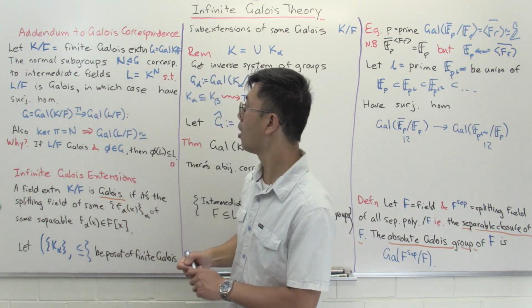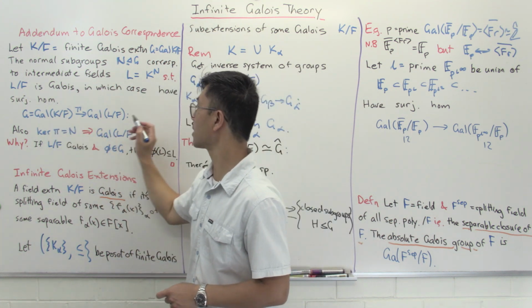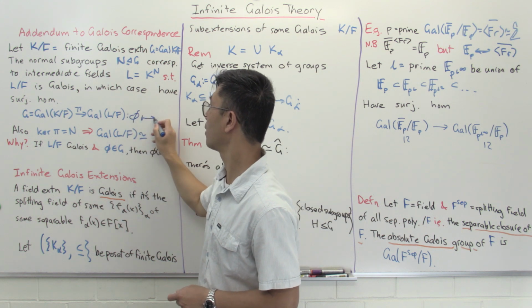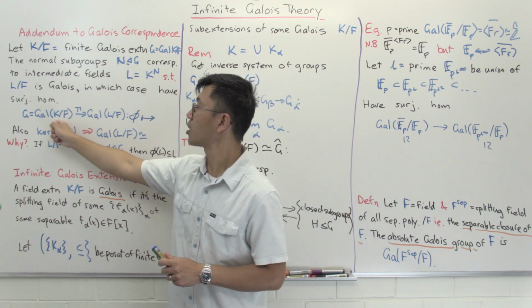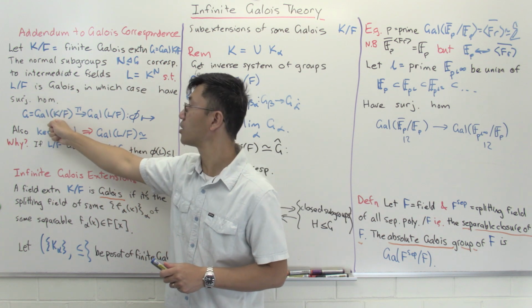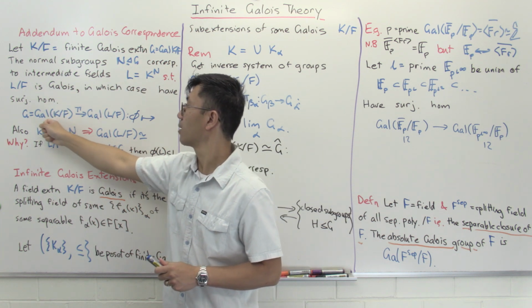It's quite simple. What you can do is you can take an element phi inside G, and then you can just restrict it.